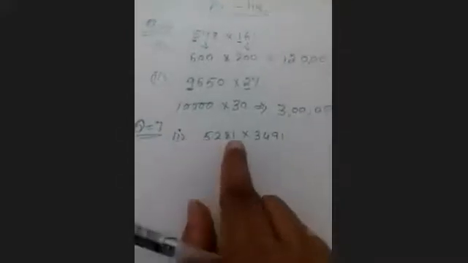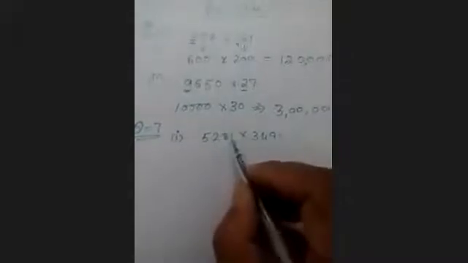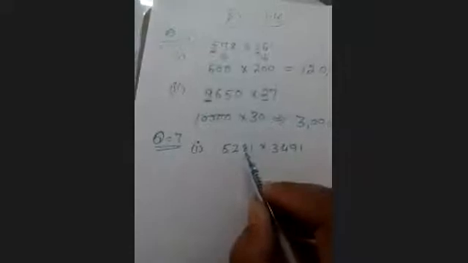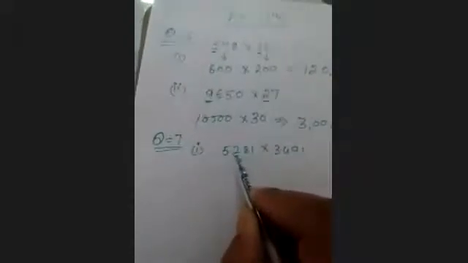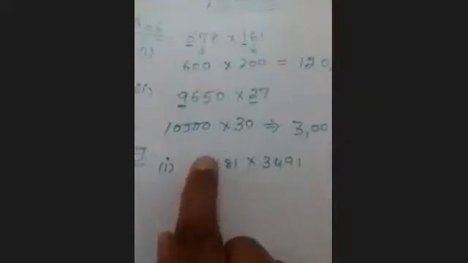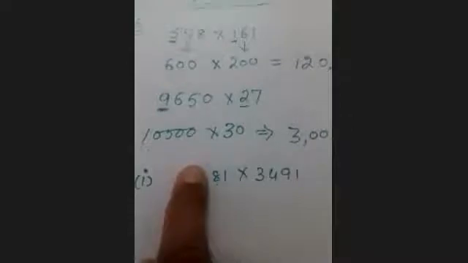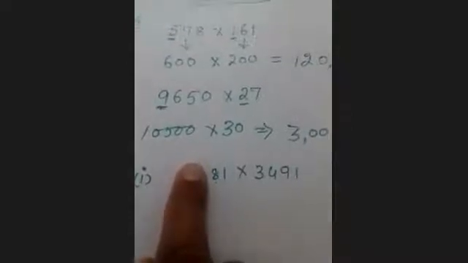First, the nearest value of 5281. Now we are finding the nearest value according to 100. Ones, tens, 100. So the 100 place is 2. Now put your finger at 2 and observe the next number. The next number is 8.